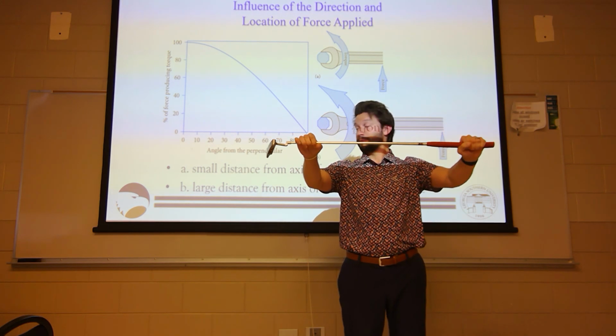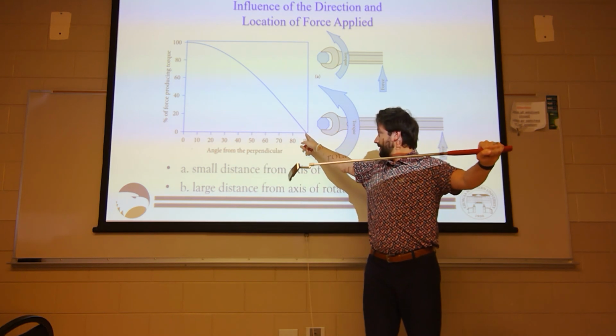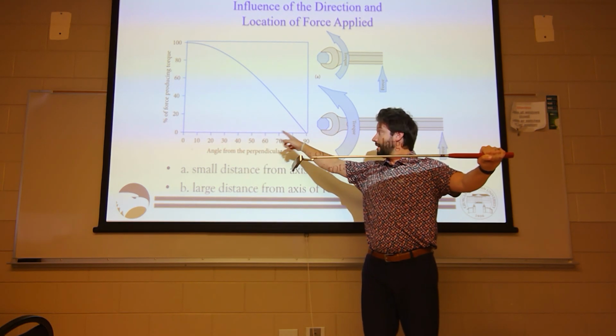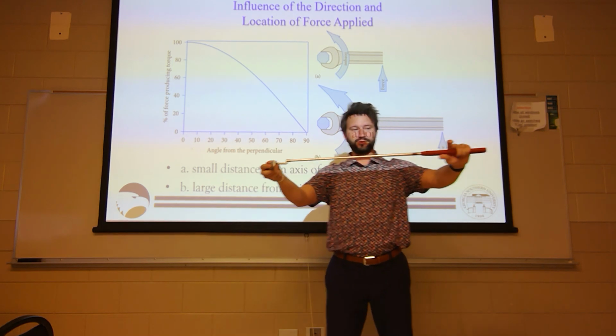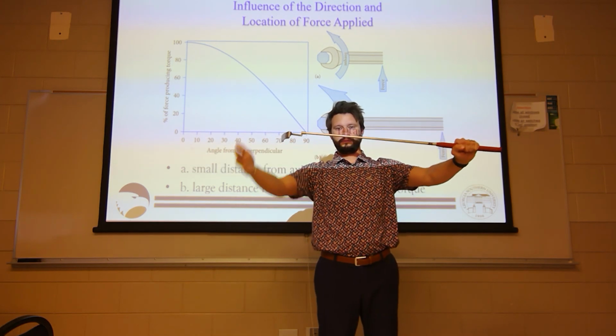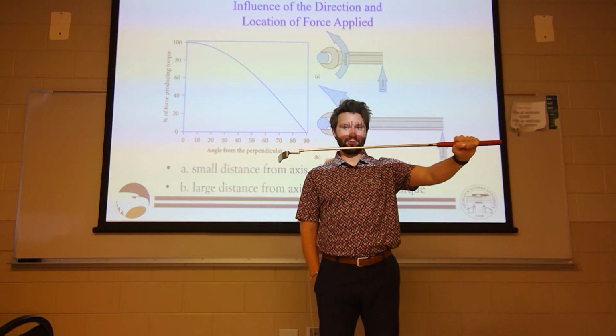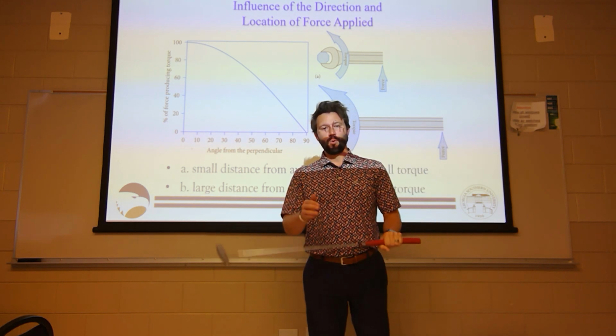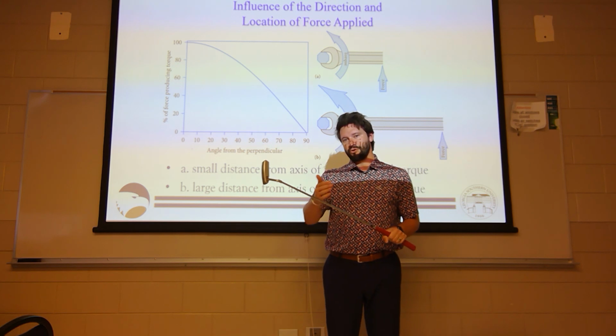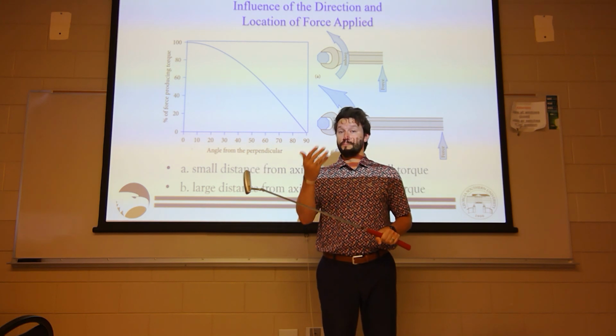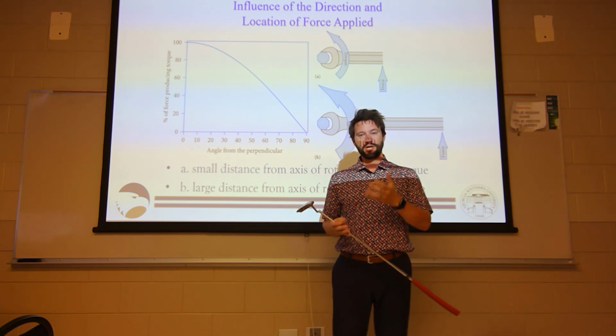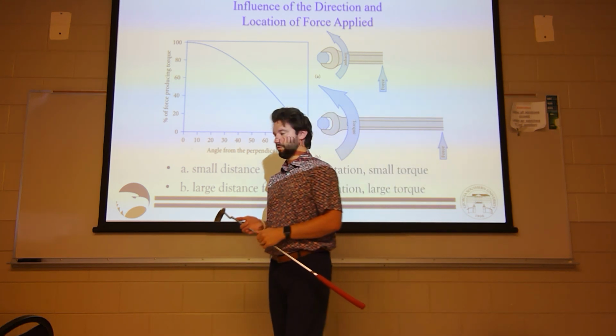Hold it that same way, come all the way to the other end of the spectrum, parallel force, almost none of it creates rotation. So there, it's basically no rotation. Okay. So the more of a 90-degree angle you can come in at, the more rotation you're going to get when you push or pull, applying force to an object.